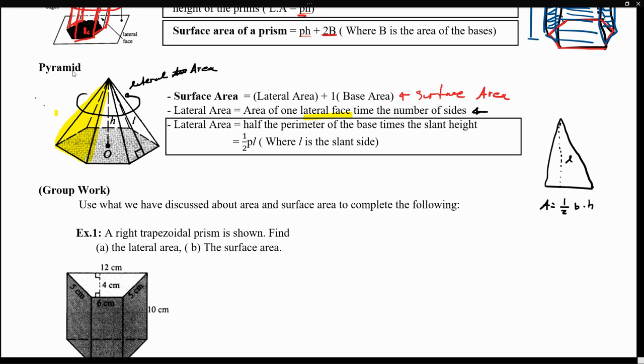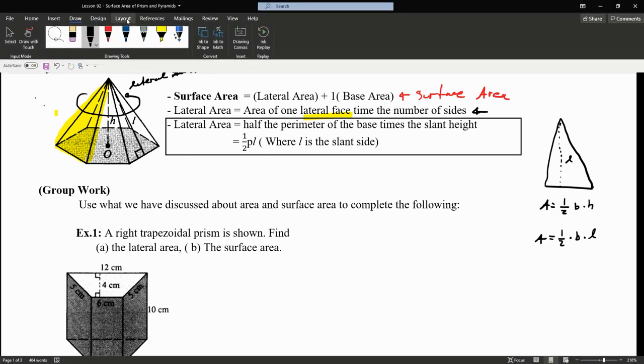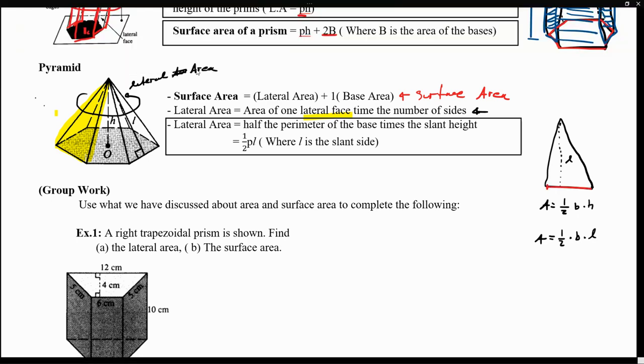So perhaps we can just define it as the area of this triangle is 1/2 times the base times the lateral height. But notice that the base of my triangle is exactly one of the sides that surrounds my pyramid.